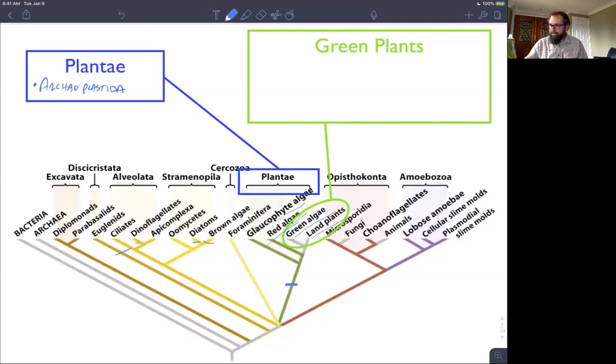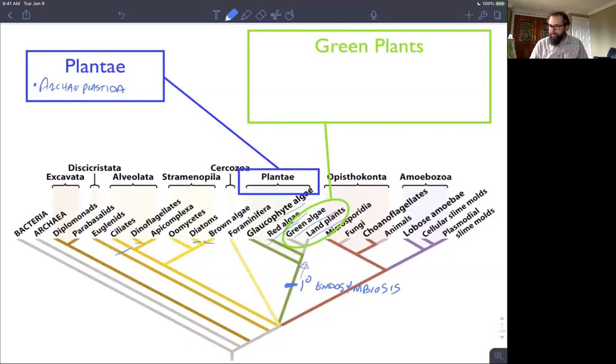And that is through primary endosymbiosis. So just like we've done before, I'm indicating a synapomorphy with a little tick mark on the branch that's leading to all of this diversity.